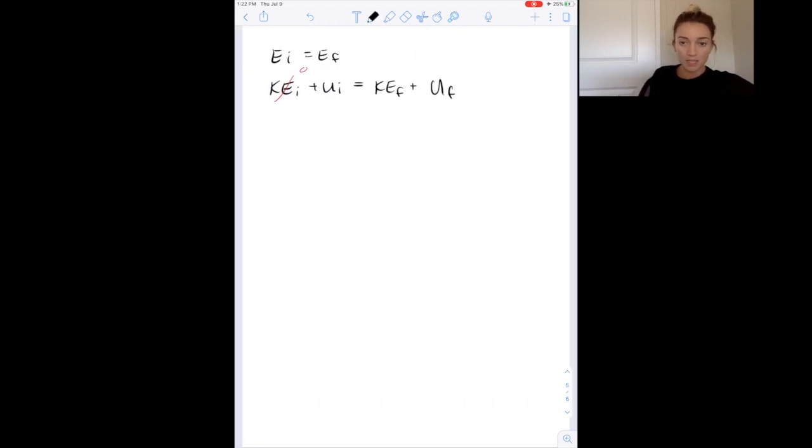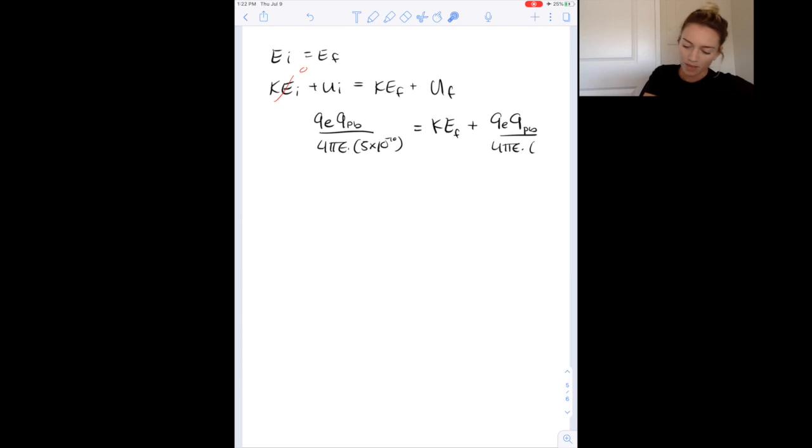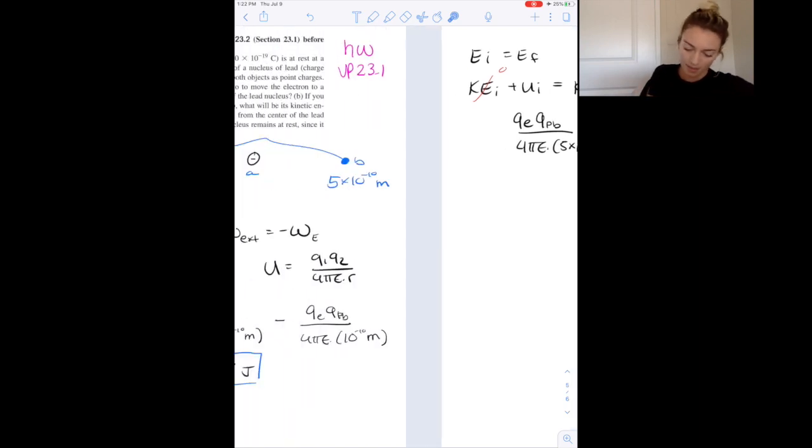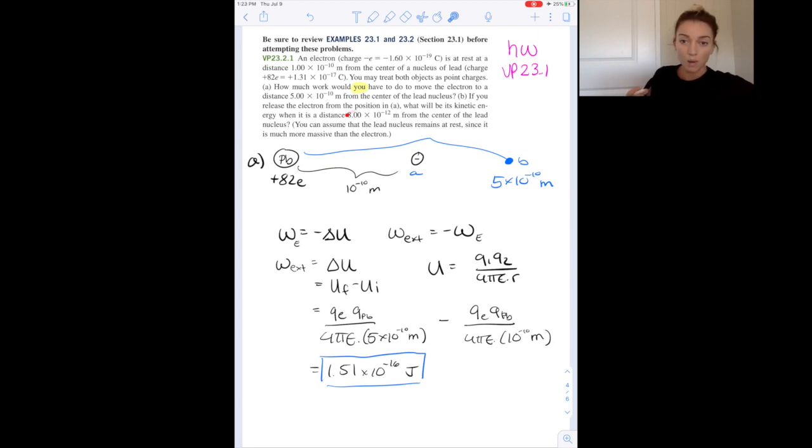Then its initial potential energy is the potential energy just between the lead and the electron, which we found before. And then the final kinetic energy is what we're looking for. And the final potential energy now is at this distance, 8 times 10 to the negative 12.